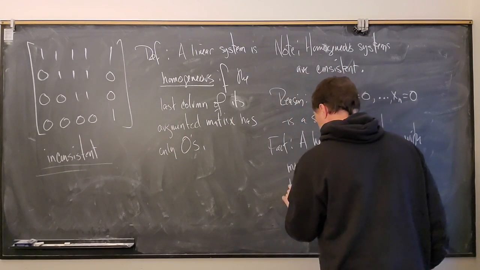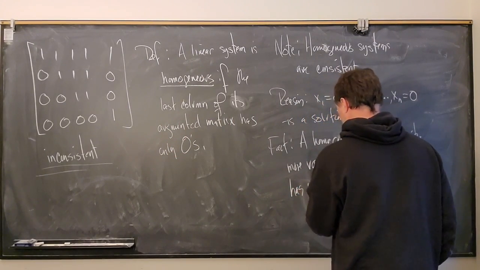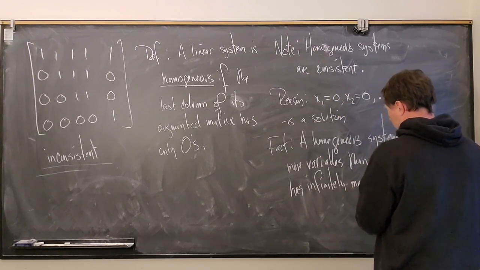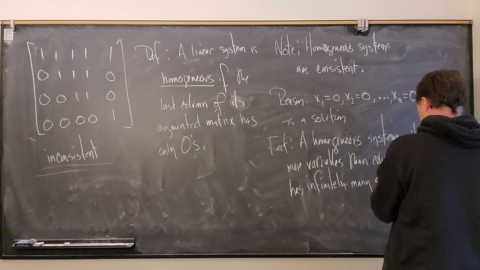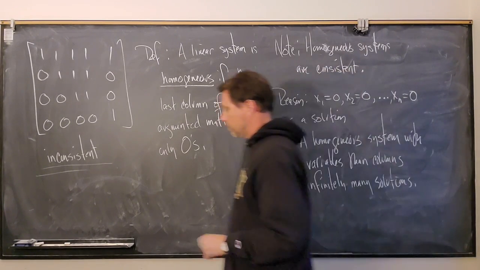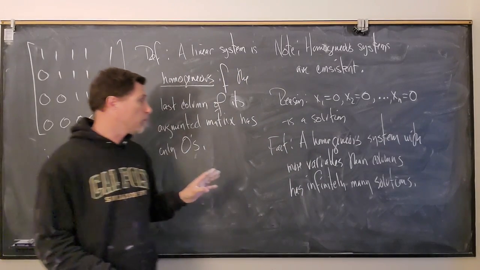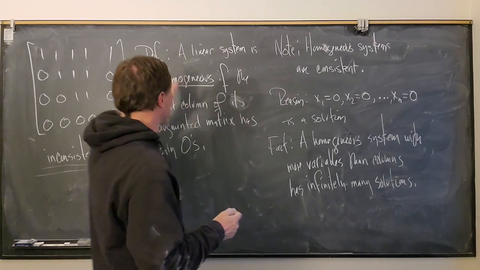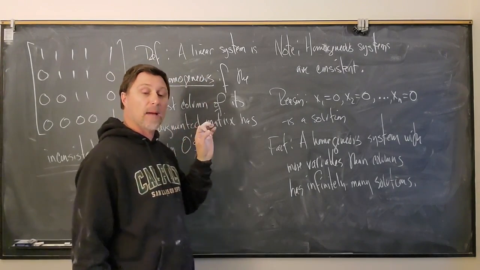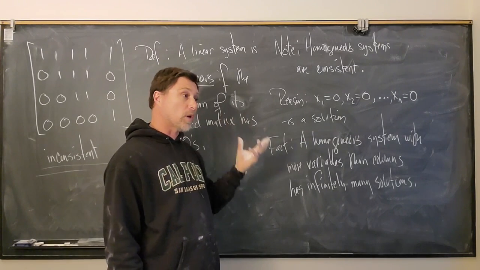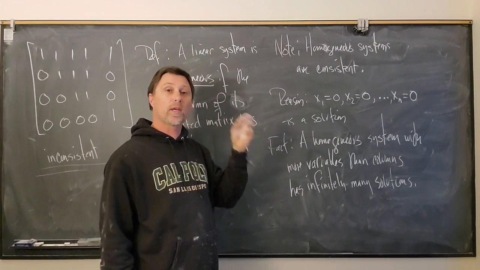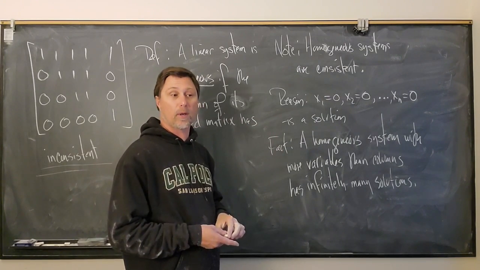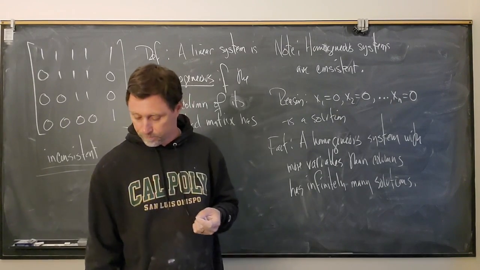Now, what's the reason? Well, if you've got more variables than you have equations, then there will be at least one free variable. Thinking about the process that we went through, each time we have a free variable, we correspond that with a parameter, which means that we will get a solution for every new choice of real number that we substitute for that parameter. That gives us an infinite number of solutions.